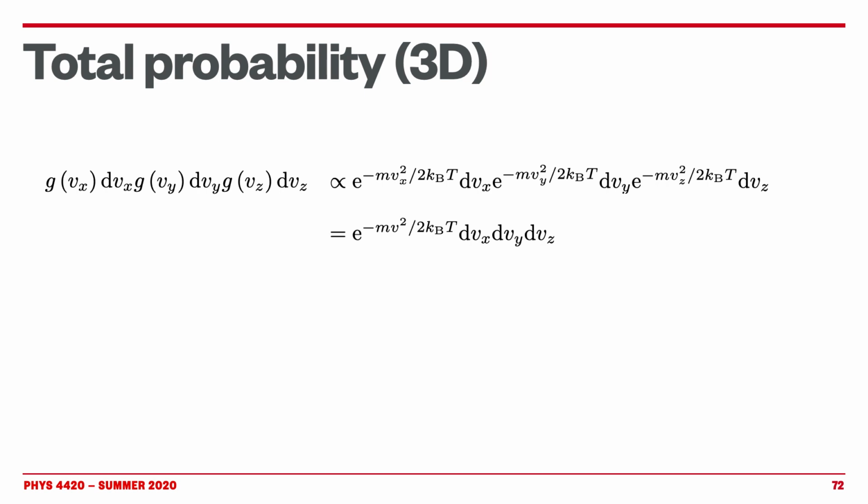So the probability of finding the particle in that box in velocity space, right? Remember, it's a box between Vx and Vx plus dVx, Vy and Vy plus dVy, Vz and Vz plus dVz. So the probability of finding it in that box is given by this formula, with v squared being vx squared plus vy squared plus vz squared.